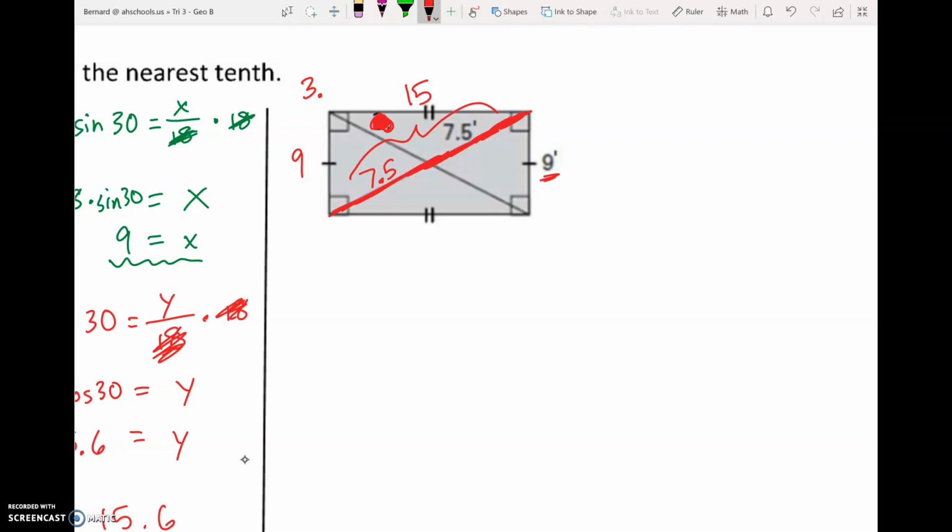7.5 plus 7.5. And when I know that, and now I look at the rest of this shape, I can color in a right triangle here in red. And so my right triangle will look like this, where this long side is my hypotenuse, that's 15. This right side is 9. Let's consider the bottom x, and I can do the Pythagorean theorem, a squared plus b squared equals c squared, to solve for x.